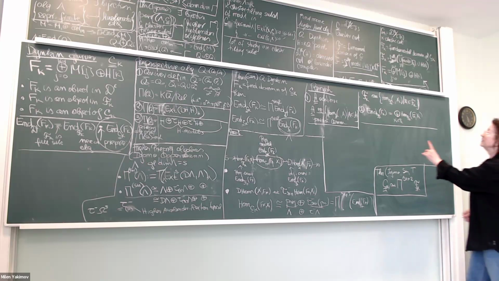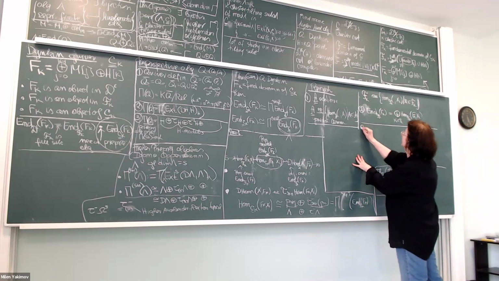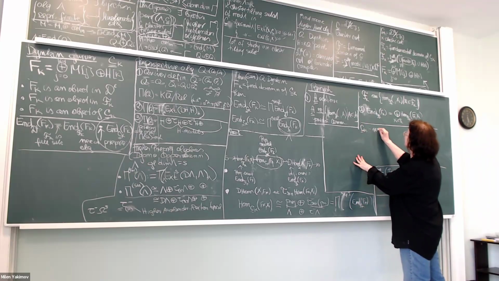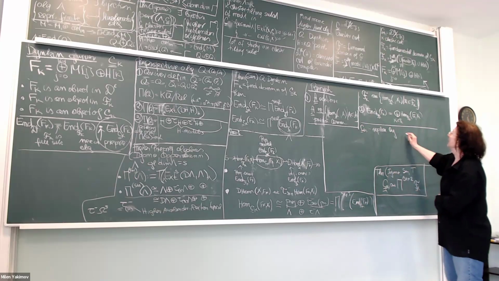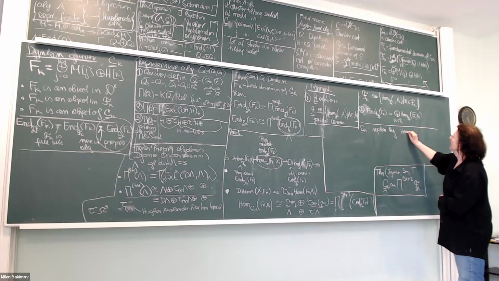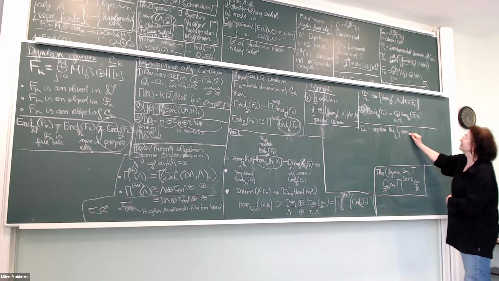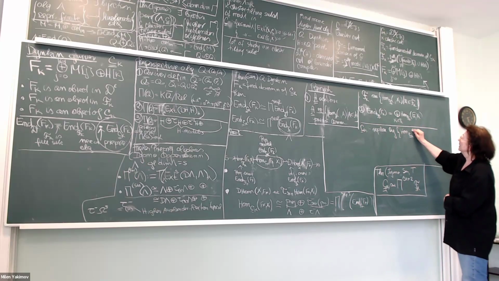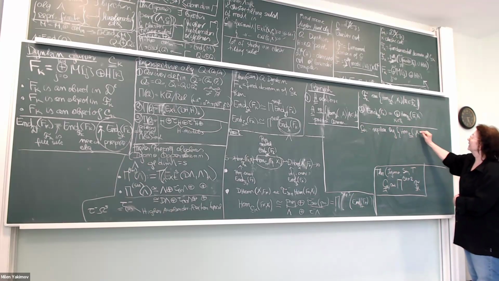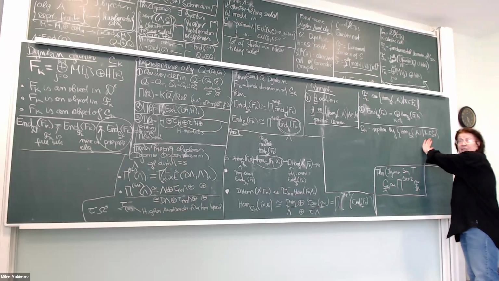Okay, so first of all, CK is replaced by the collection of all Hom over CK of blank, XI's, where XI's are in CK, or representatives of CK.